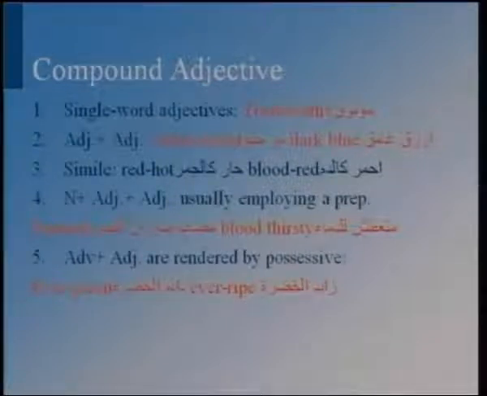We have adverb adjective: دائم الخضرة, evergreen, ever ripe, etc.